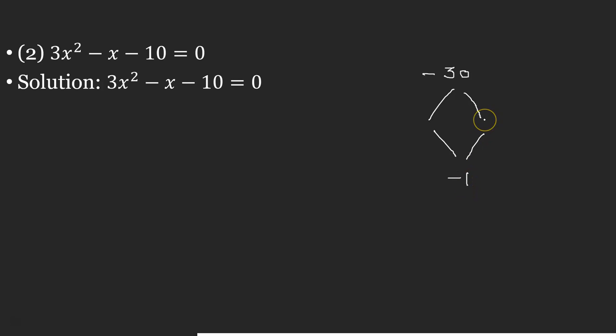Then what are the two numbers such that whose product is minus 30 and the sum is minus 1. मग 30 product कोणाकोणाचा आहे तो?